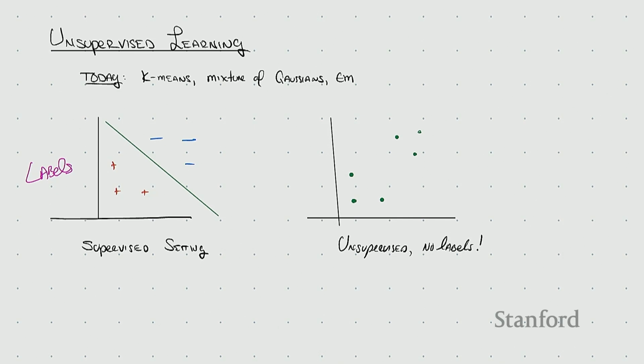The thing you should calibrate is what we can expect as an answer. In the supervised setting, it was super clear what we wanted: we could talk about what this line is, and go deeper into why that's the right separating hyperplane. In the unsupervised case, it's necessarily squishy, and we'll talk about the ways in which it's squishy.